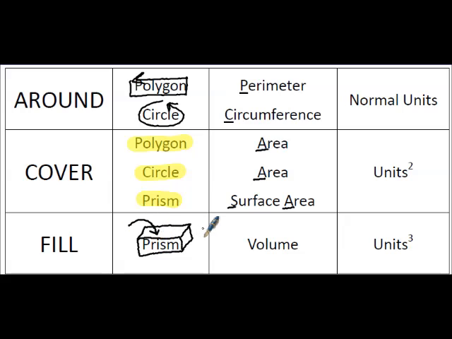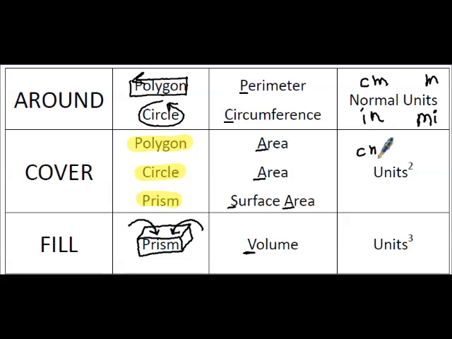So for volume, if I'm trying to fill a prism with cubes, the units are going to be cubes, and I want to use the formula that has V equals that's underneath that actual shape. Since I'm measuring with a normal ruler for perimeter and circumference, they're going to be normal units like centimeters, meters, inches, or miles.